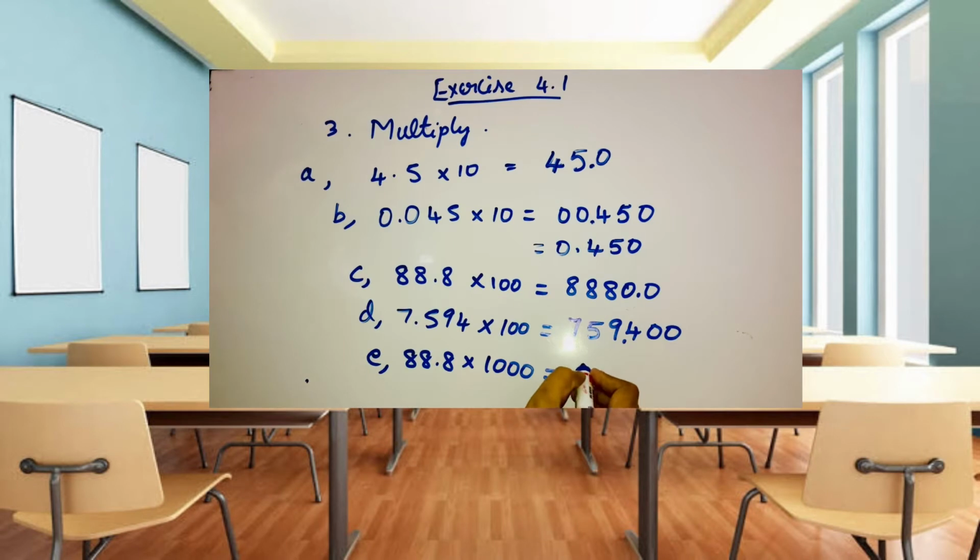So the answer will be 888000. Now the decimal point is after one digit. So we can keep the decimal point after one number. So the answer is 88,800.0. Now we are going to see the fourth multiplication.